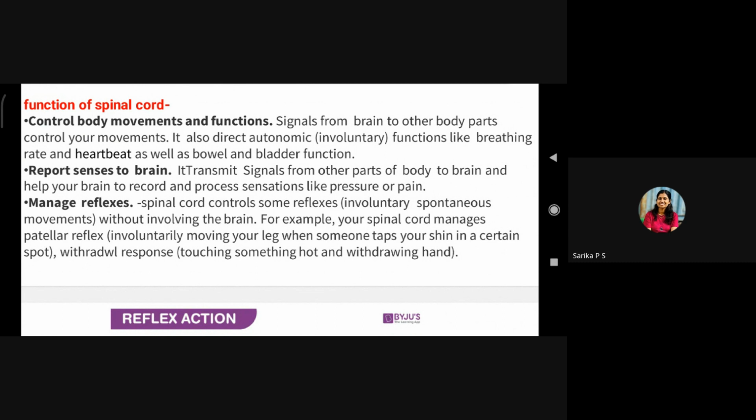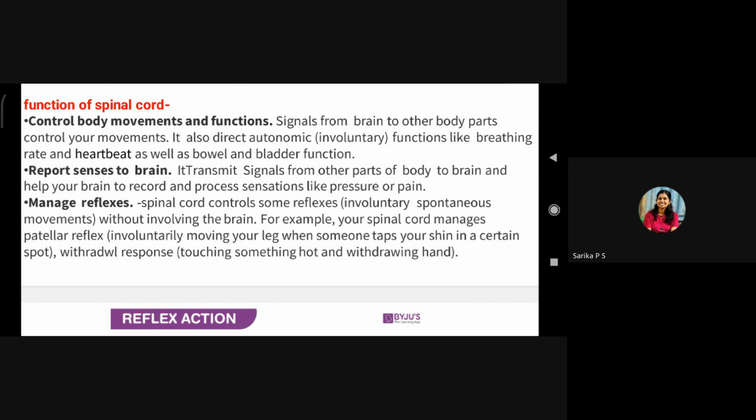For example, your spinal cord manages patellar reflex. Yes, this is one very important reflex used by doctors. What is that patellar reflex? Involuntary moving your leg when someone taps your shin in a certain spot. We have our nerve in that position.